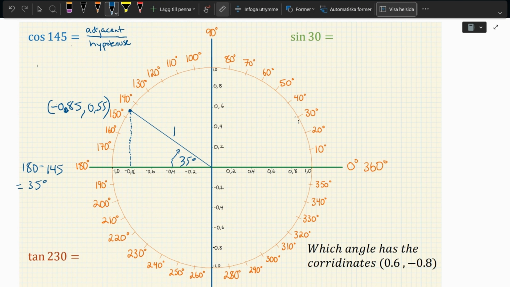And so the cos of this angle would be the cos of this 35 from what we see in this triangle. We're going to take the adjacent, negative 0.85, divided by the hypotenuse. So our answer is going to be negative 0.855 roughly, or negative 0.85.